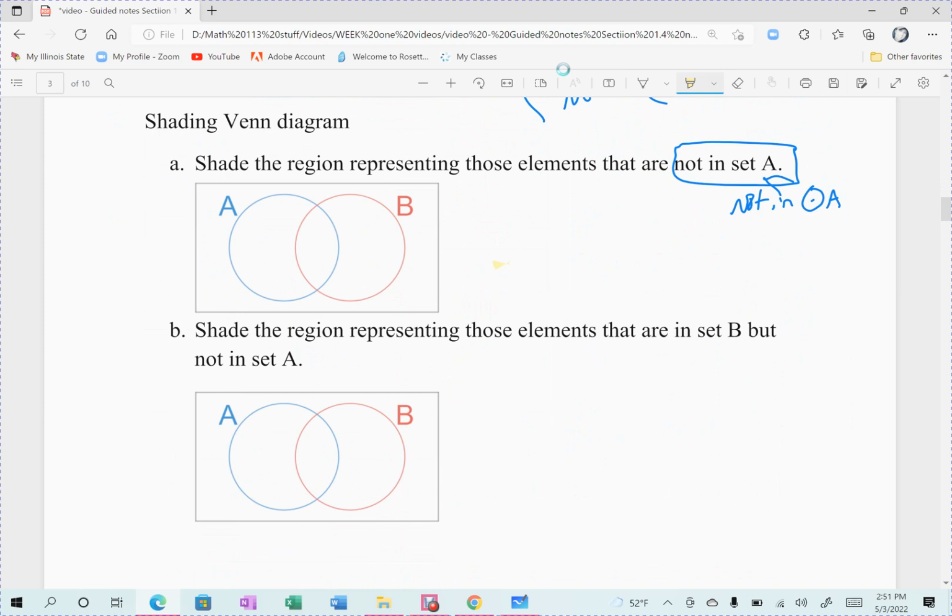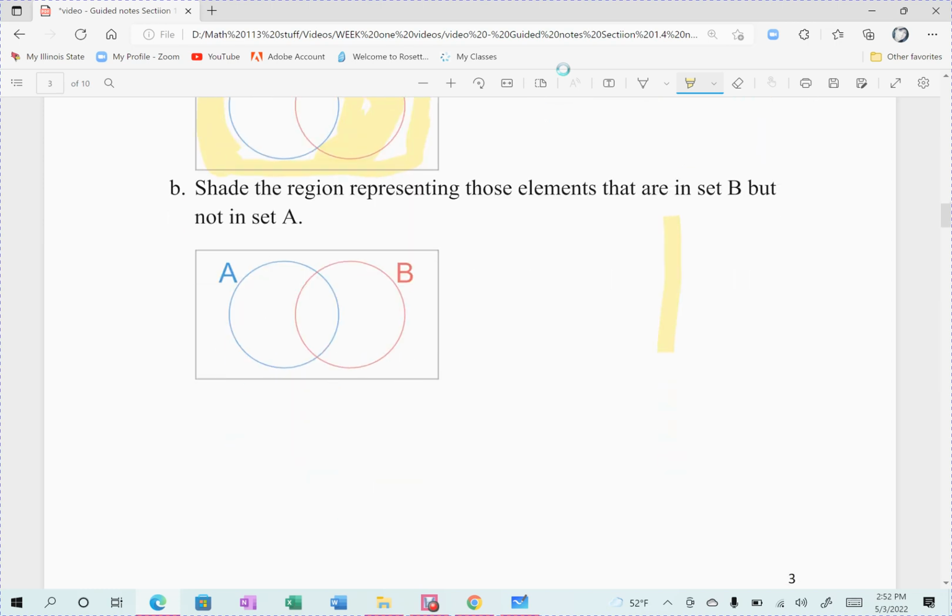Basically I just stay on the outside edge. It can be in B as long as it's in B and not in A. So this would be the region in B but not in A, and it would also include everything outside of circle A. So again, everything in S and not in A.